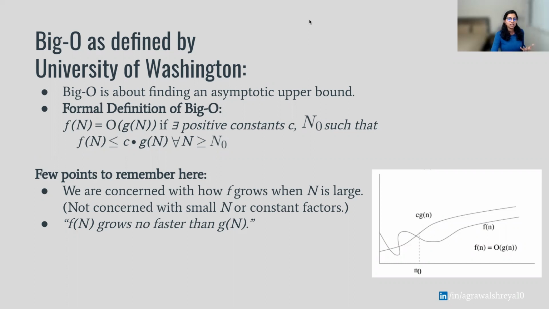Now, what does it mean? First of all, when I say capital N, it represents the set of integers, or we can see it as the number of elements that are going as an input set. I hope I'm clear here.